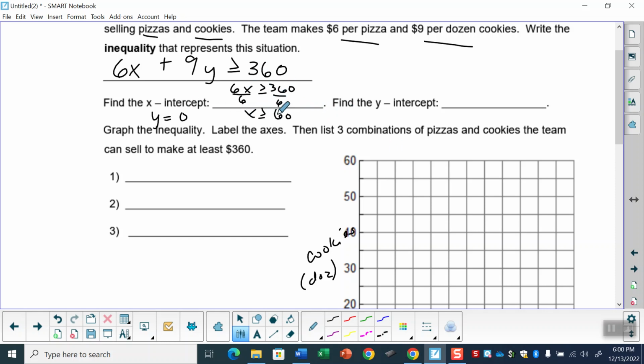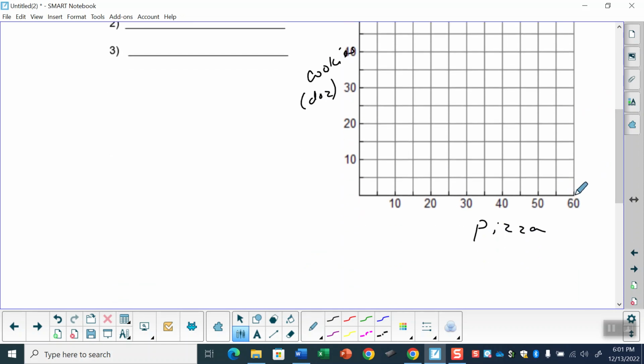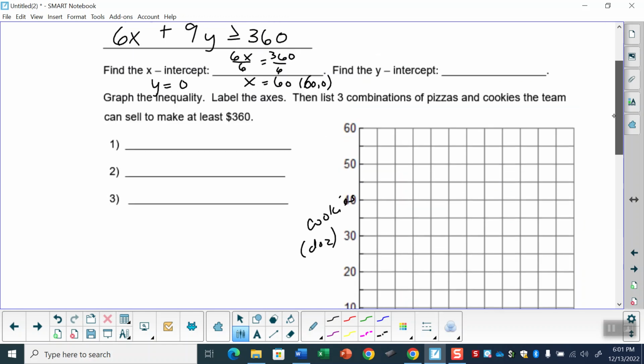I'm just trying to find the x-intercept, so I'm just going to say equal. All right, so that means that would be a point, and it would be 60 for x and 0 for y. Okay, so 60 for x and 0 for y is my pizzas.